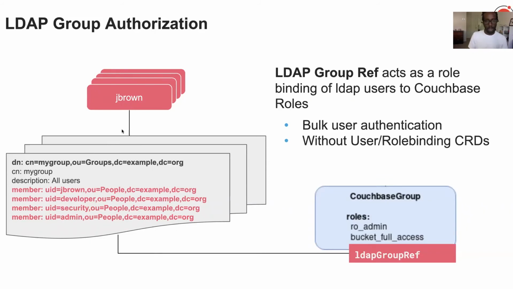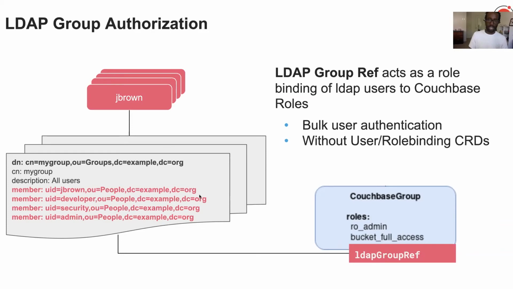So for this example, every user with UID developer security admin will be able to authenticate. And since we've specified this group within our LDAP group reference, they'll also be able to inherit these same roles.